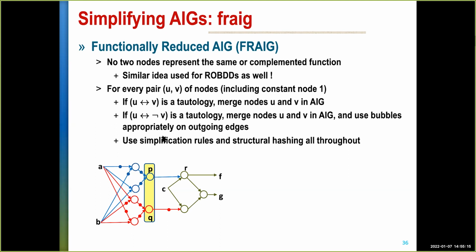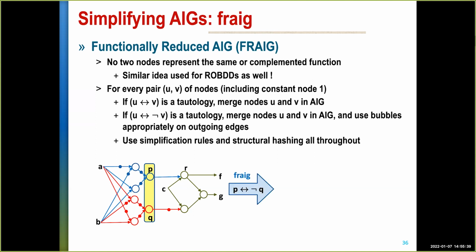And once you have figured out if one of them is a tautology, you use simplification rules and structural hashing all throughout. Now, this sounds like a good idea in principle, but of course, this will require a SAT call. And if I have to do this for every pair of nodes in an AIG, then there are way too many SAT calls needed. And so that is not going to work.